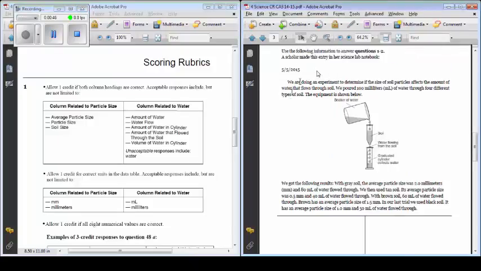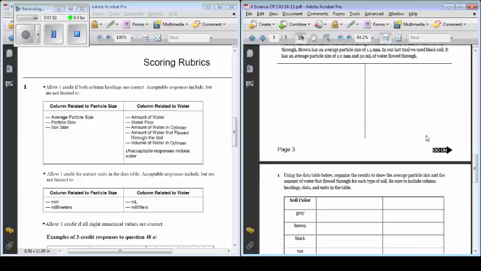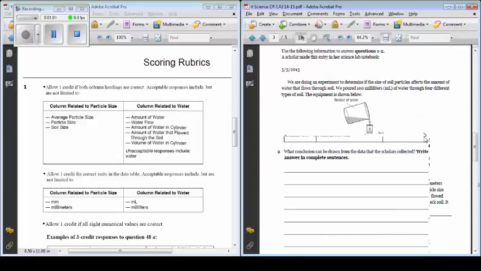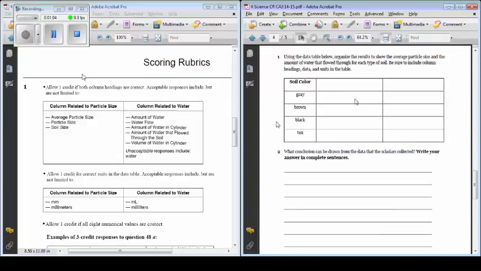You'll see that this scholar made an entry in the science lab. This is a setup of what it looked like. And then right down here at the bottom, the scholar wrote out her results with different colors of soil, so gray, tan, brown, etc.